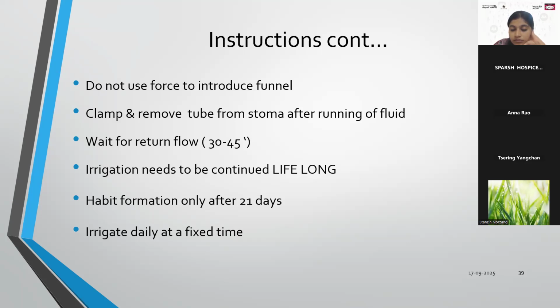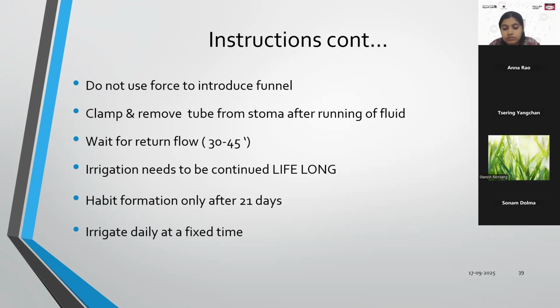Here also the patient can either sit or stand. Generally patients are comfortable in the sitting position, and the irrigating bag is kept between the legs. At what height should it be hung? Generally the bag is hung at around 2 feet height from the stoma.